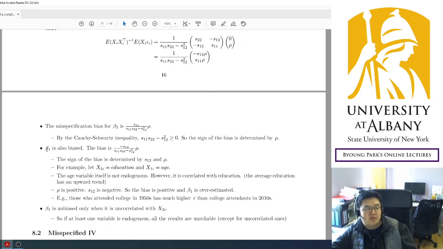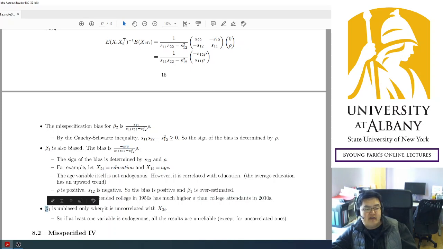But now let's think about beta 1. There are two possibilities. Rho may be 0, which is obvious, so that's trivial. I'm not going to consider that case. But alternatively, if the covariance between x1 and x2 is 0, then beta 1 can be correct. That's what I'm saying here.